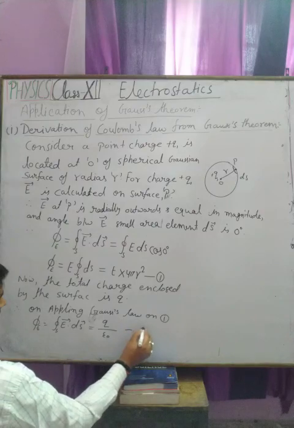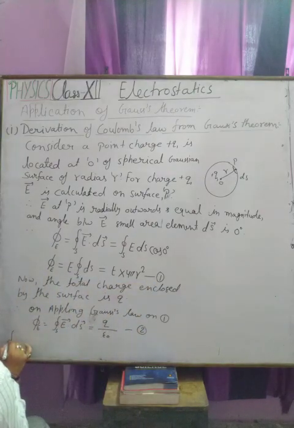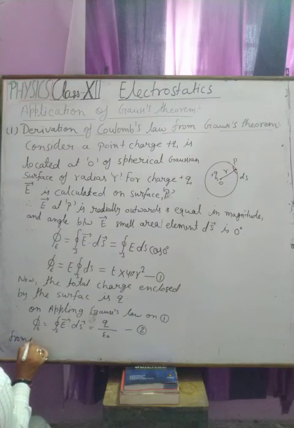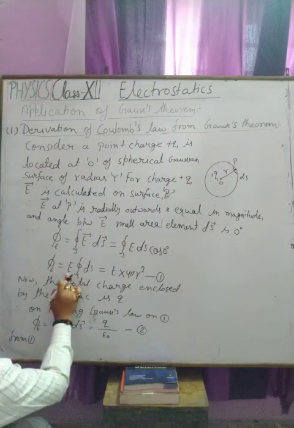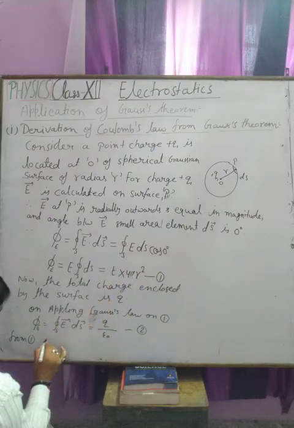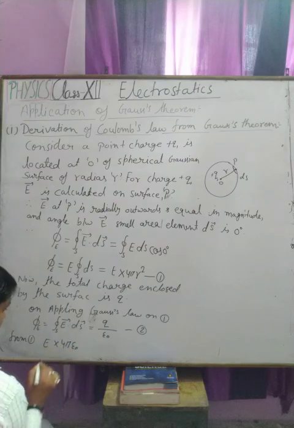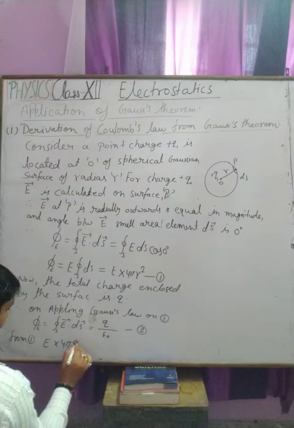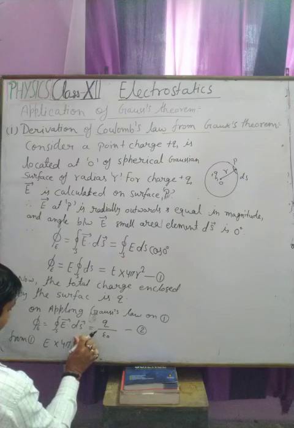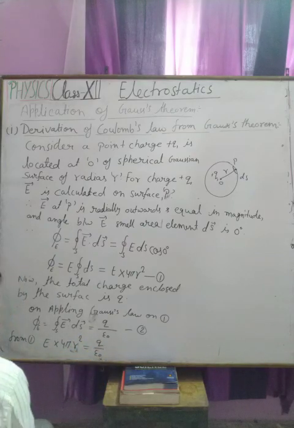This is equation second. Now, from first, the value of vector E dS is E into 4 pi r square, equal to Q upon epsilon naught.